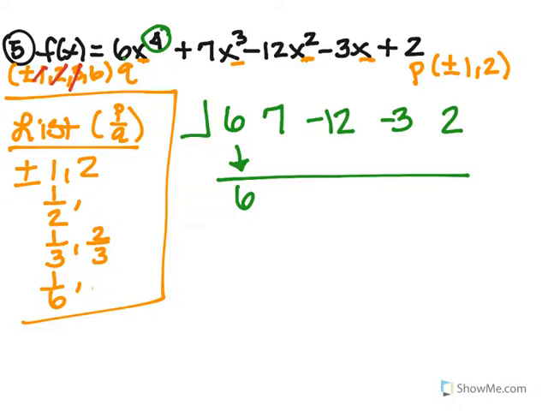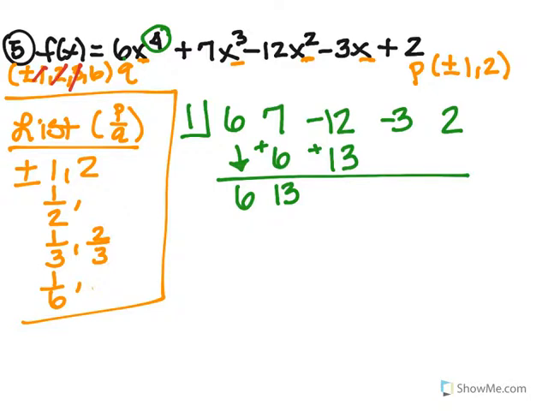And out of our list, let's try 1. 1 times 6 is 6. 7 plus 6 will give us 13. 13 times 1 is 13.